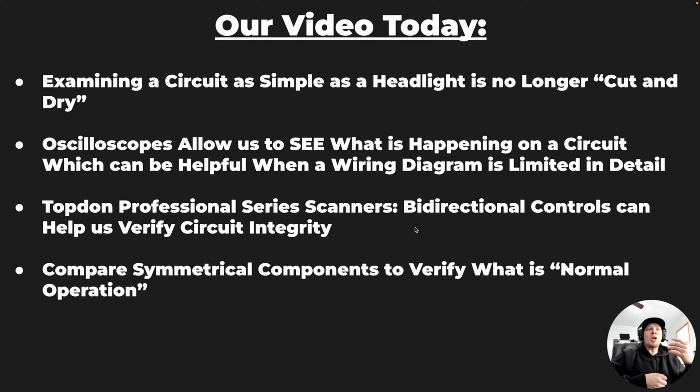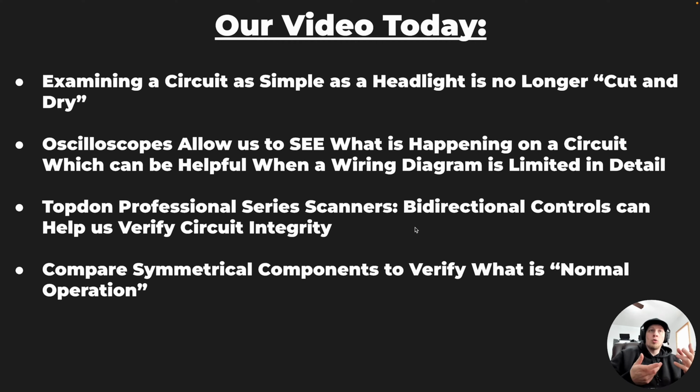Another thing I just want to point out is that when we're looking at a given circuit, even something like a headlight, if we don't know what the expected behavior is, what is known good, we can always look at the vehicle and see if there is a symmetrical component. On a vehicle with headlights, we have two low beam bulbs, one on the left, one on the right, and two high beam bulbs, one on the left, one on the right.